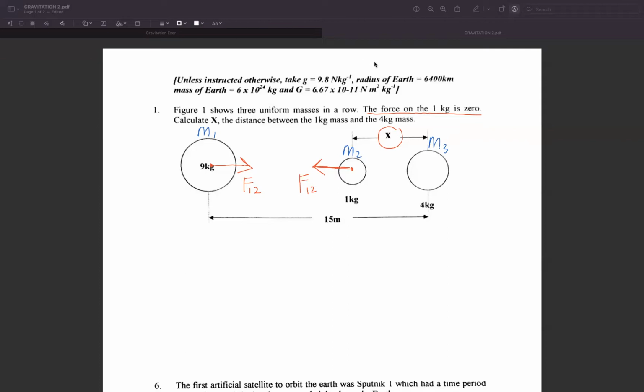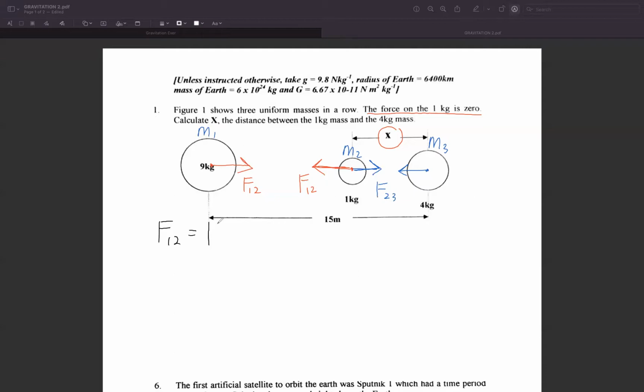Now, and then M2 and M3, 它们也是有 force of attraction. So this is F23. Now, 它讲 force on the 1 kg is 0，意思说 F12 是等于 F23, balance.